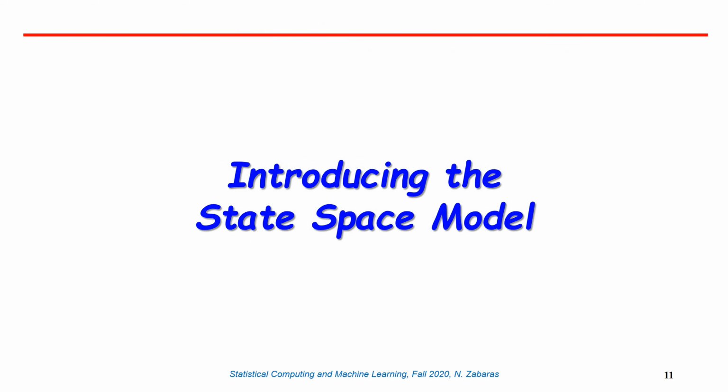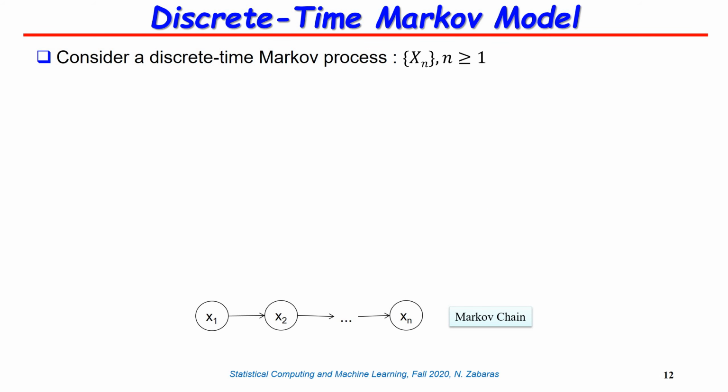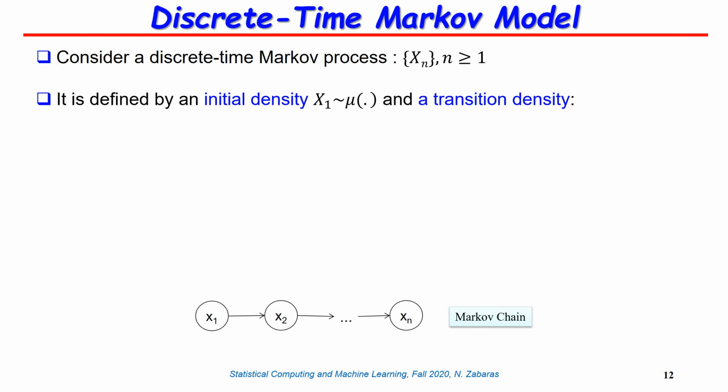So let me introduce the notation for the state space model. At first I'm going to start with a Markov chain that you see in the bottom. The key assumption that I'm going to make for the Markov chain is that I have an initial density mu from where I can sample x1.